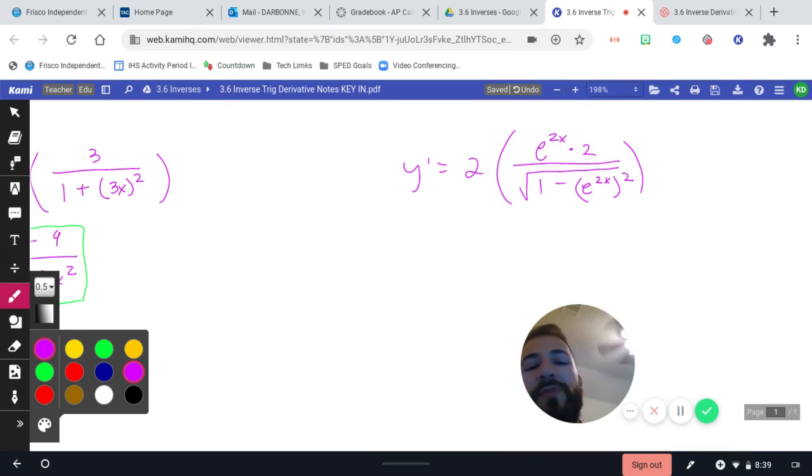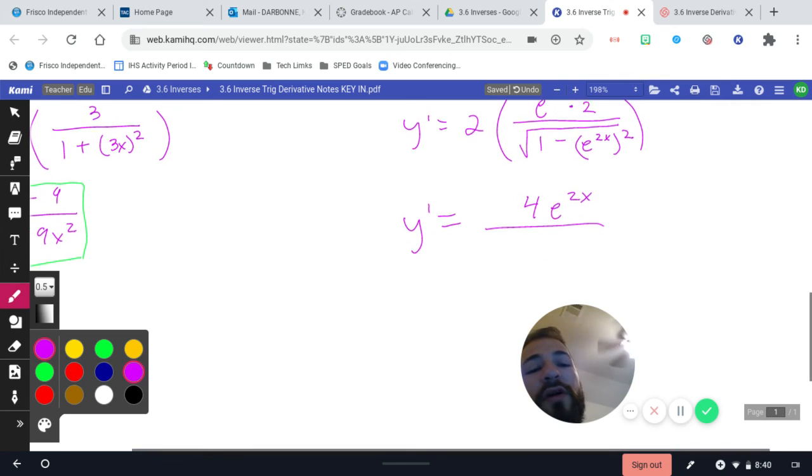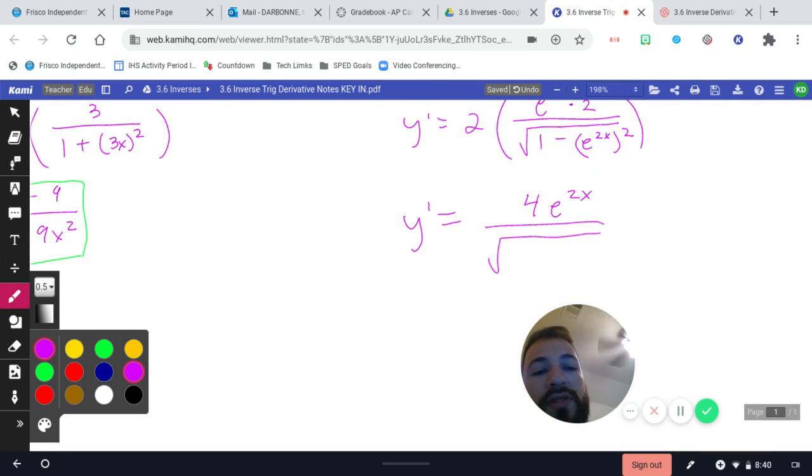So this would become y prime is equal to 2 times 2, so 4 e to the 2x, all over the square root of 1 minus, power to a power, so I multiply the powers. 2x times 2 is 4x, so e to the 4x. Just like that.